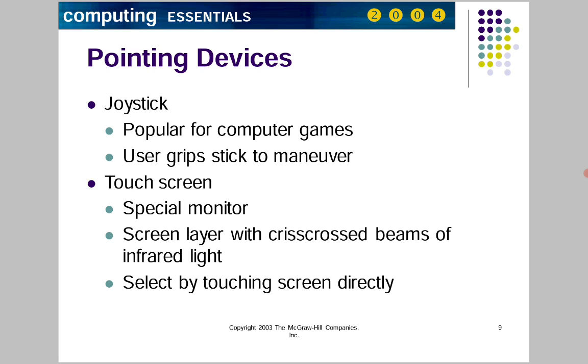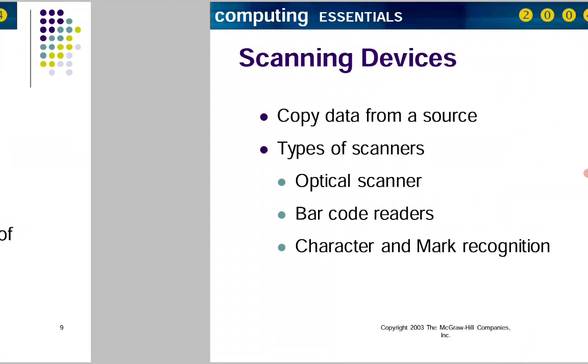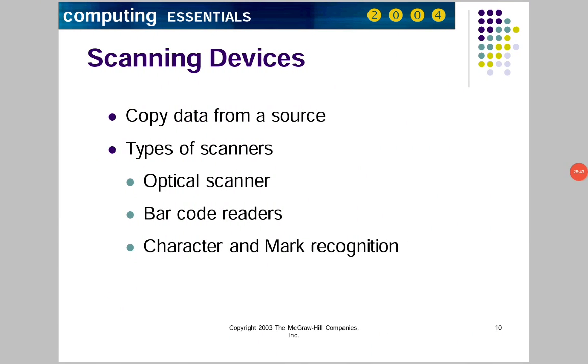And touch screen is another important pointing device. Generally, on the touch screens, some special monitors are used to select some objects, and we simply select the object or program by directly touching the screen.